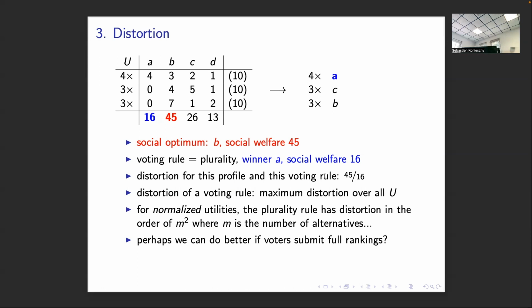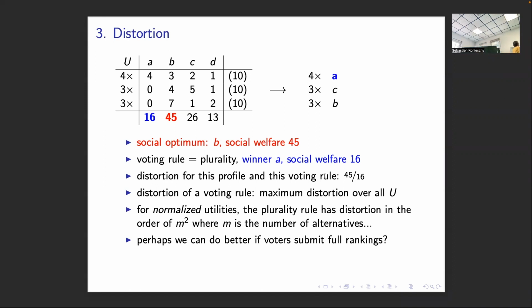But you see the sum of utilities for A is only 16, I mean, 4 times 4. And B has 45. C has 26. So A is not a good choice. This is one more proof that plurality is a stupid rule. You knew it already, but this is a quantitative analysis of the stupidity of plurality.